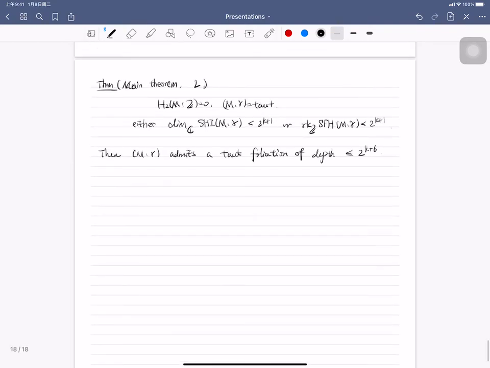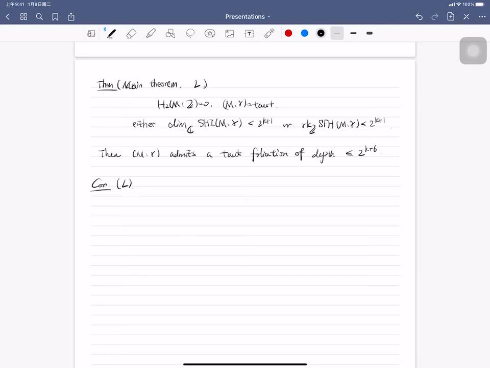Okay, so as a corollary, the main theorem also gives us a mysterious relationship between the representation varieties of a knot inside a 3-manifold and the depths of taut foliations in the knot complement.